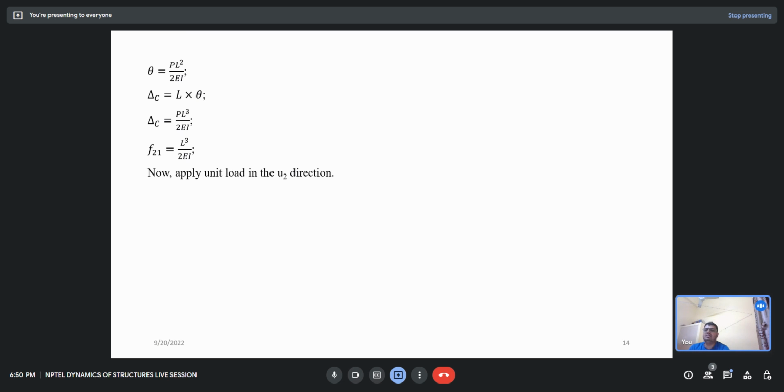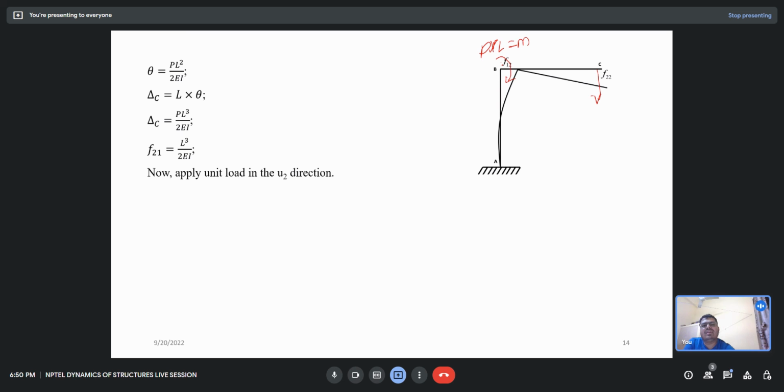Now if I apply the unit load in the U2 direction, this is my deflected shape. A moment develops at this point: P is applied, so P into L is the moment developed.